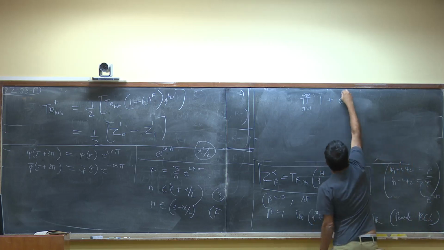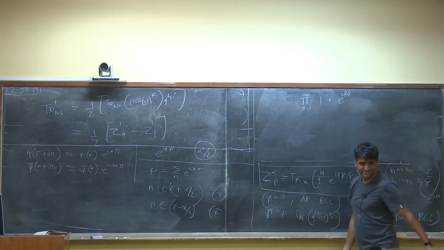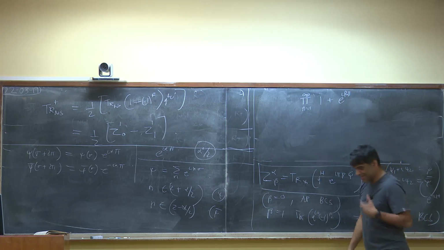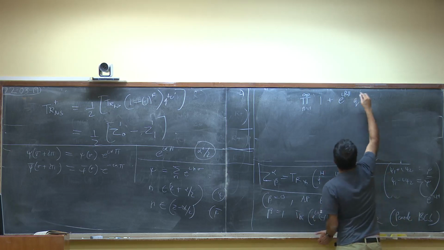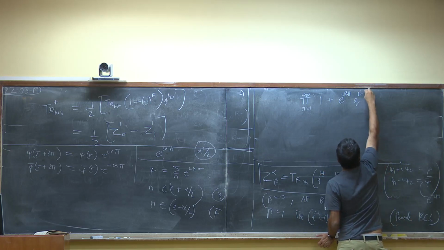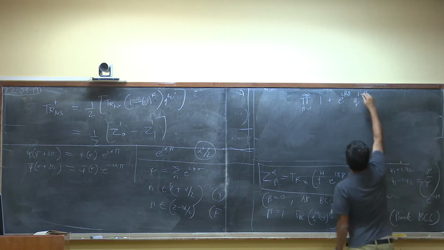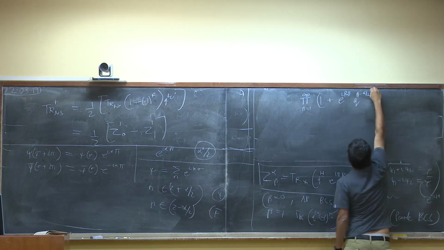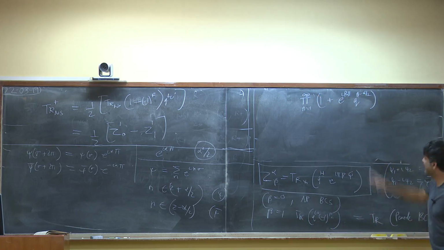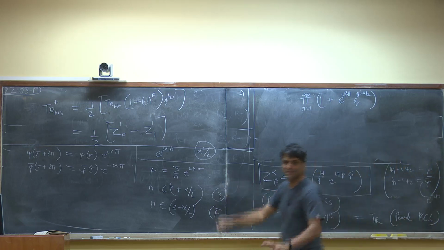So e to the power I beta times pi, times the energy, q to the power n minus alpha by 2, n equal to 1 to infinity. And then I have to dress with this. First, let me write down the oscillator part, then I'll write down the overall factor outside.